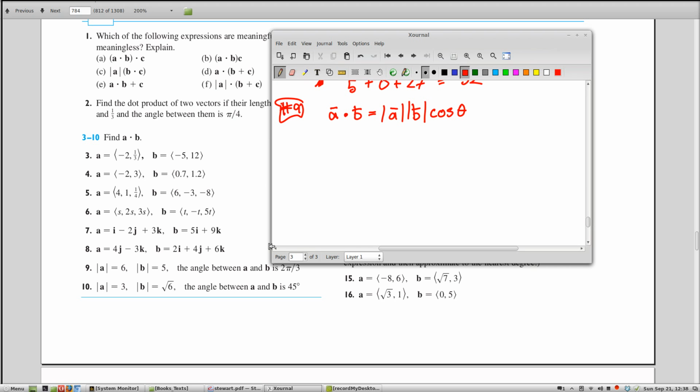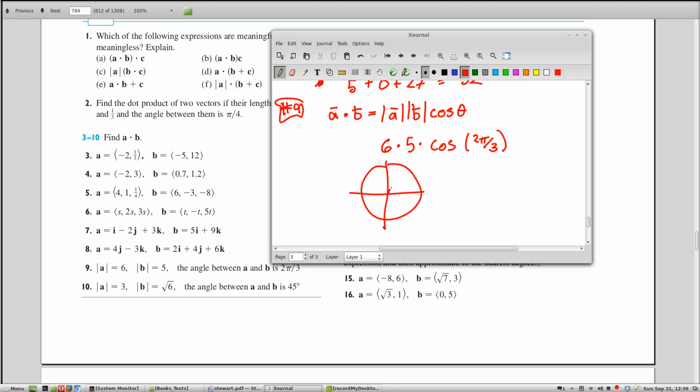And so that's what you can use to do number 9, use this formula, because now they give us the magnitudes and the angle. So the answer here is going to be 6 times 5 times cosine of 2 pi over 3, and I'm just going to call that done, or am I?